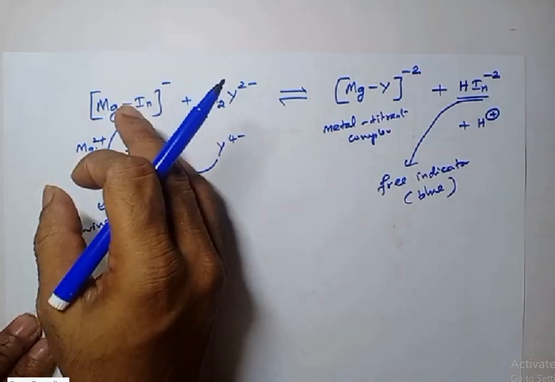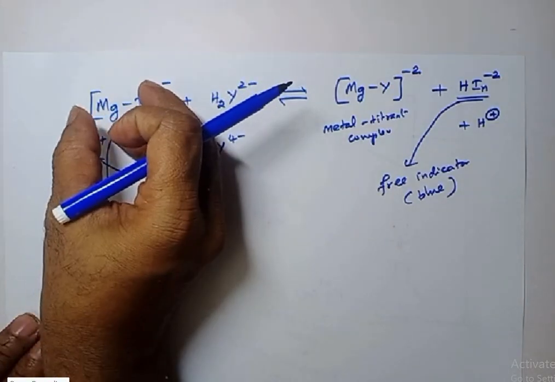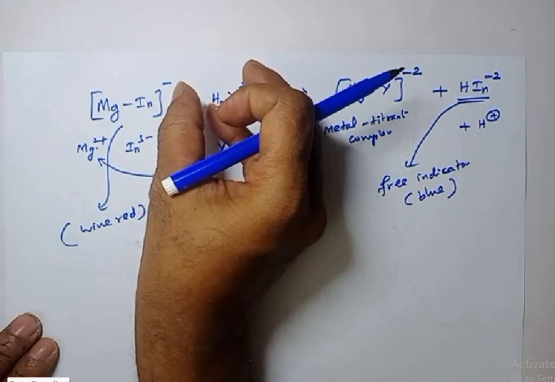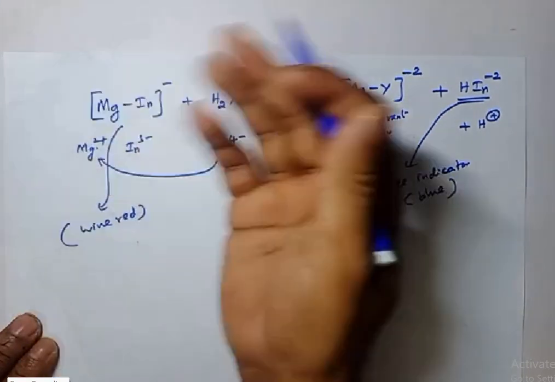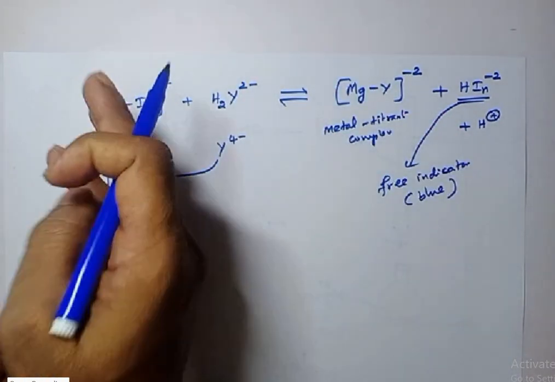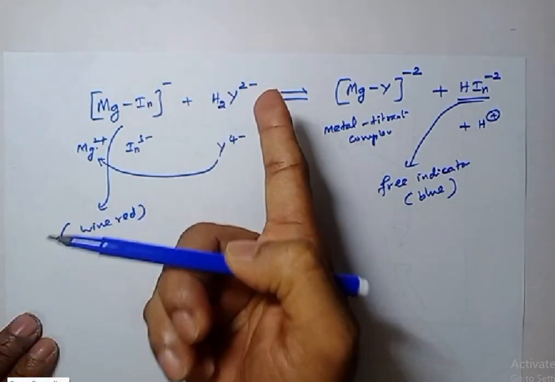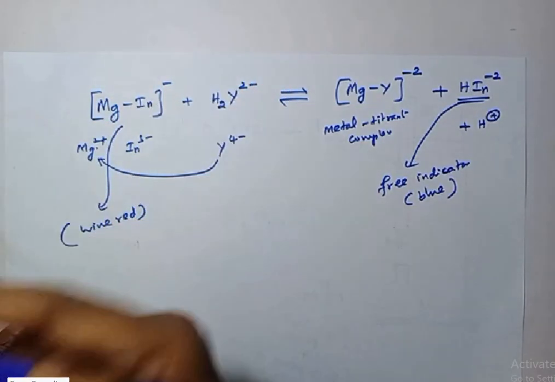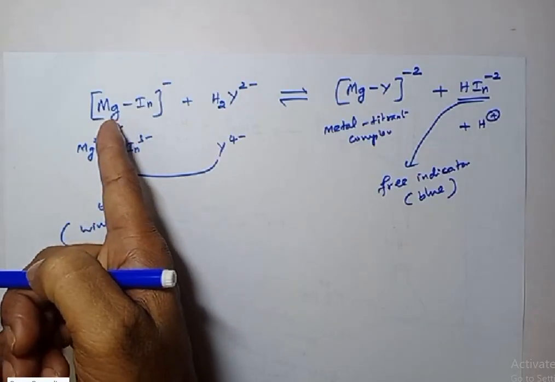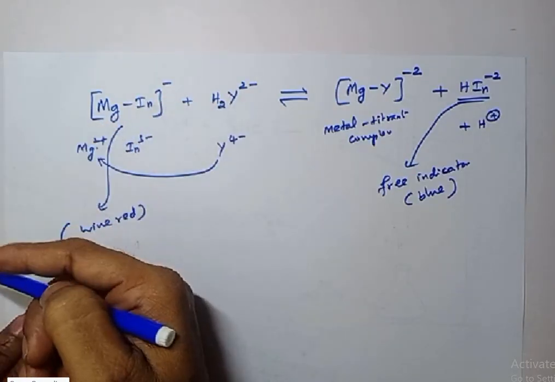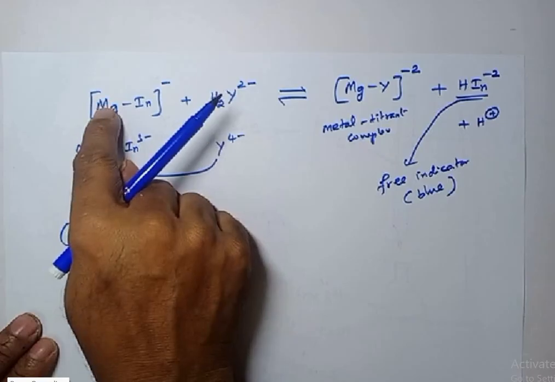See, whatever amount of magnesium is available, that amount of 1:1 complex we actually form. So whatever number of magnesium ions are available, that many ligands should be added. If you have 100 magnesium ions, 100 ligands should be added. But listen, suppose I have 100 magnesium ions.